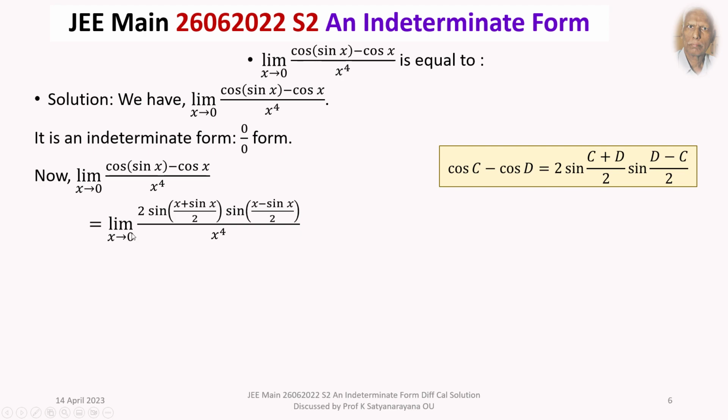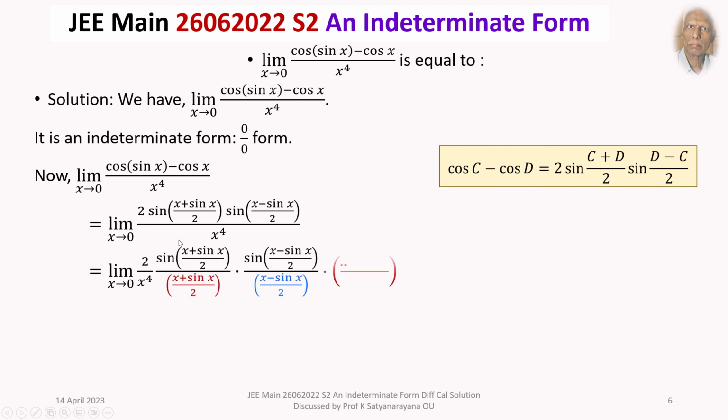To evaluate this, we manipulate, we multiply and divide by suitable factors. Now, this is equal to 2 by x to the power of 4, and we have multiplied and divided by the factors (x plus sin x) by 2 and (x minus sin x) by 2.